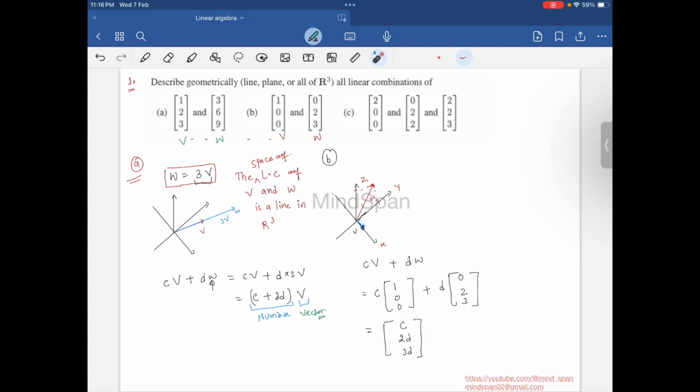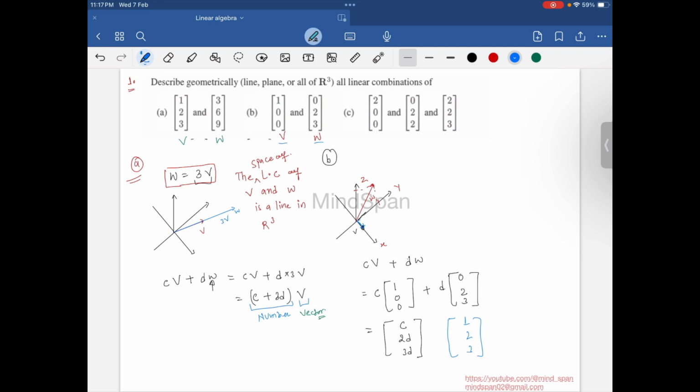And so what are the vectors that are going to reside on this plane that is described by the linear combination of this v and w? So you can pick any c. Let me pick c as 1 and d as 1. So 1 2 3 will be a vector that is going to be on the plane described by the linear combination of this v and w, right?